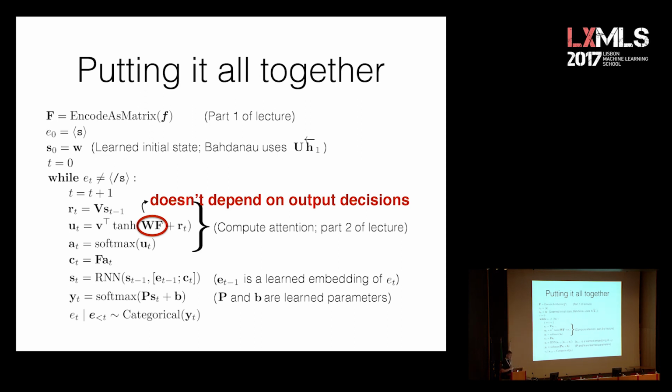We're then going to start by initializing E0 with the start of sentence symbol. And we're going to define S0 either as a learned initial state or, as Bahdanau did, as a function of the right to left LSTM, as a way to define the initial state of the output LSTM.